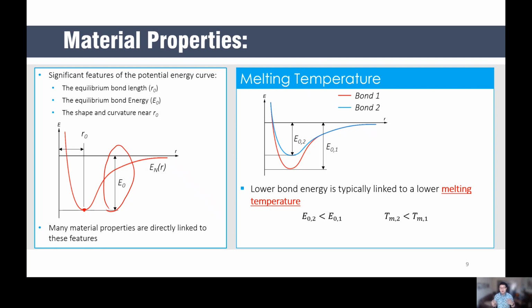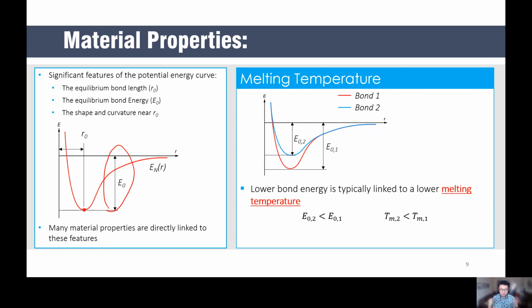What does that mean? Well, imagine if I heat up the material by providing kinetic energy or enthalpy into the system. When I do that, the atoms will start to vibrate and try to separate. And the requirement to break this bond is that I need to supply enough energy to break it.